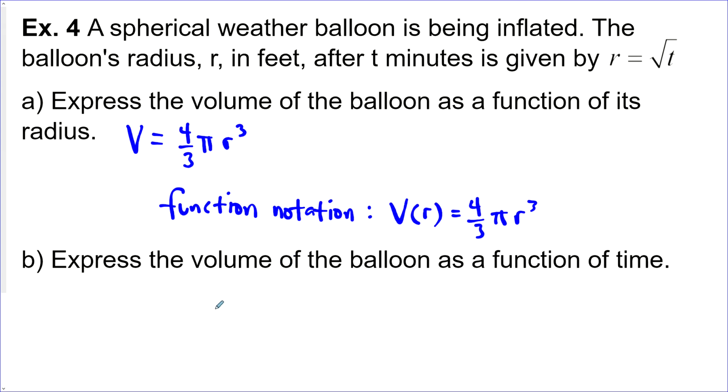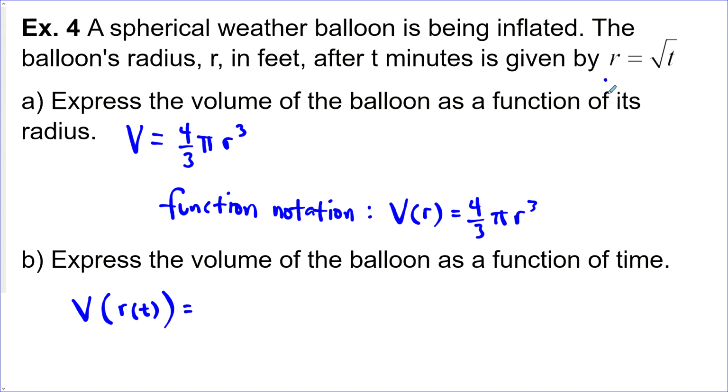We want to express the volume of the balloon as a function of time. So we have r in here as our variable, and we want it as a function of time, t. So we really want to make our composite function. We've got this, v, and then we want to replace it with this.